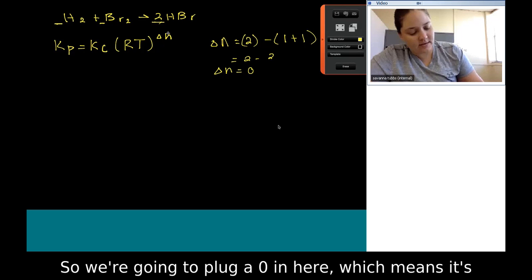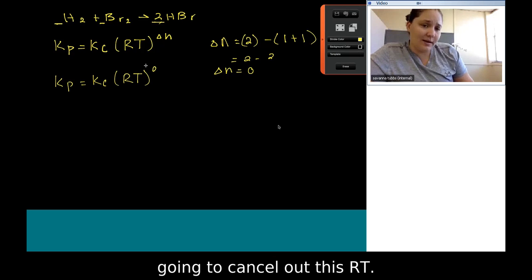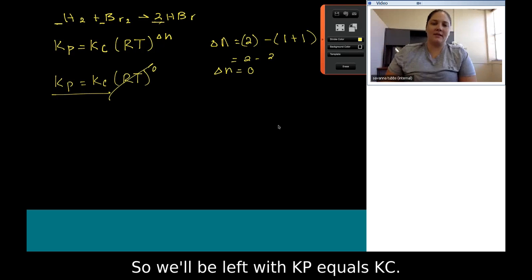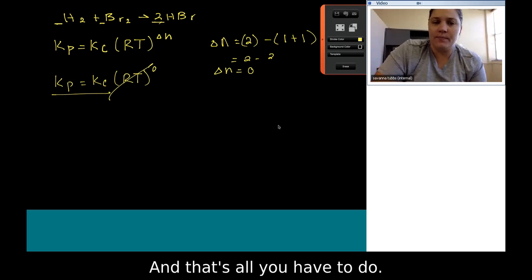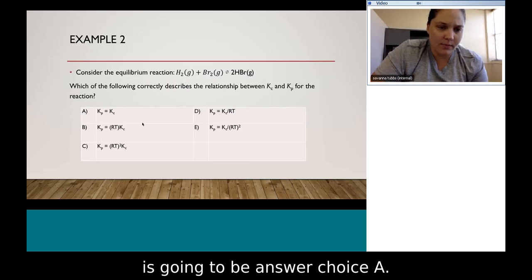So we're going to plug a 0 in here, which means it's going to cancel out this RT. So we'll be left with Kp equals Kc. And that's all you have to do. So you have to find the answer choice that matches this, which is going to be answer choice A.